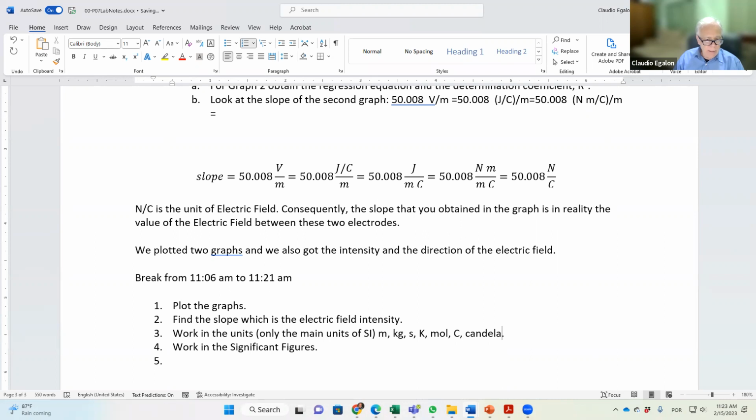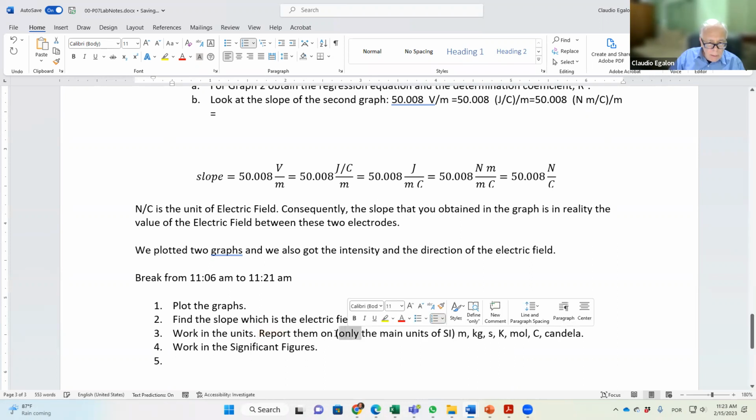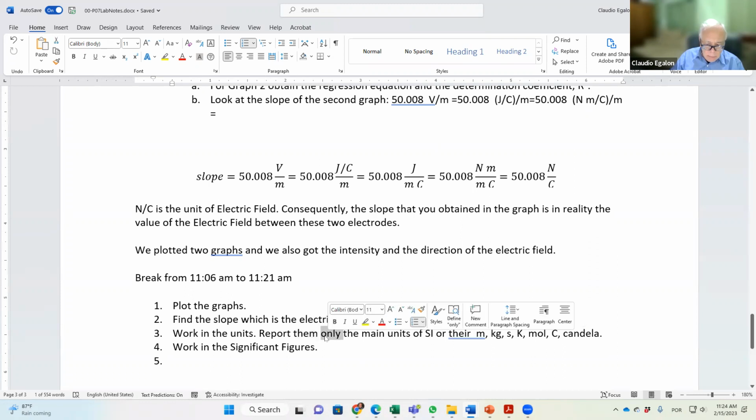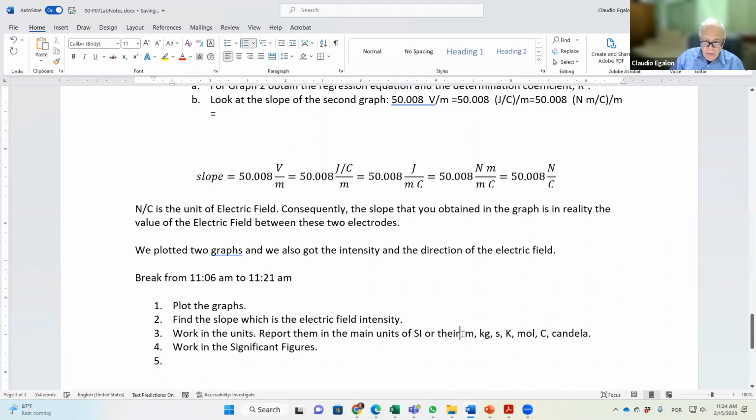Working in the units, report them only in the main units of SI or their combination.